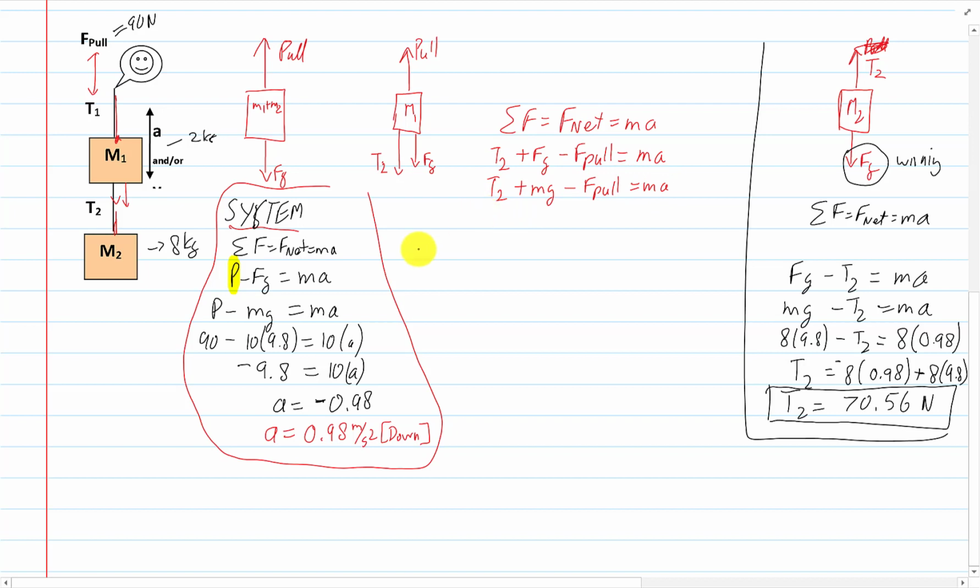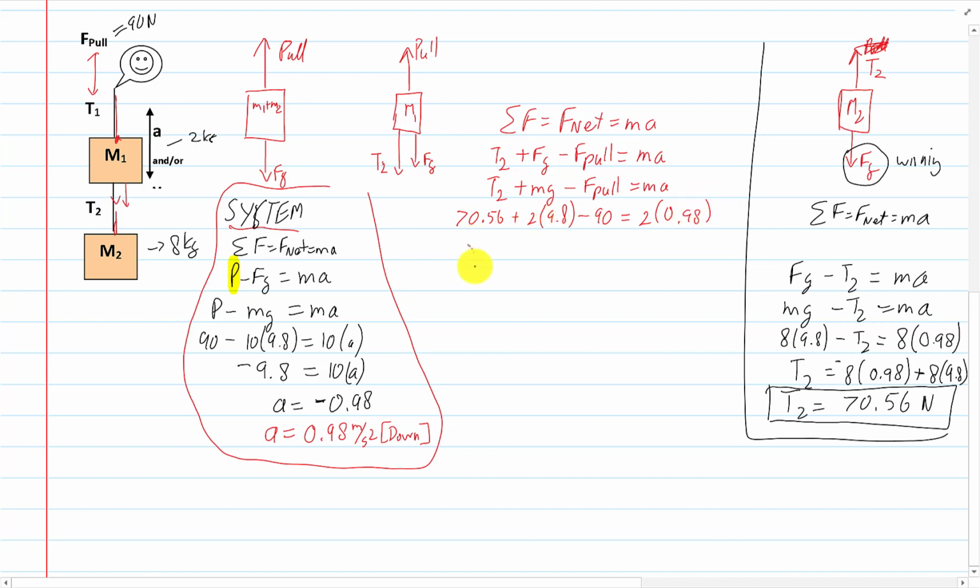So T2 is 70.56 plus M, which is 2, times 9.8, minus the pull, which is 90, has to equal 2 times the acceleration, which is 0.98.